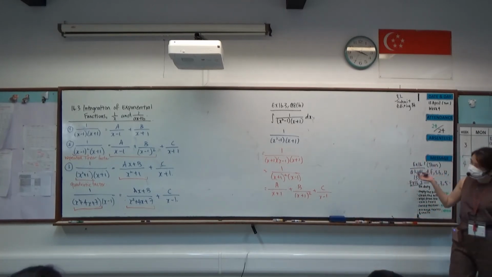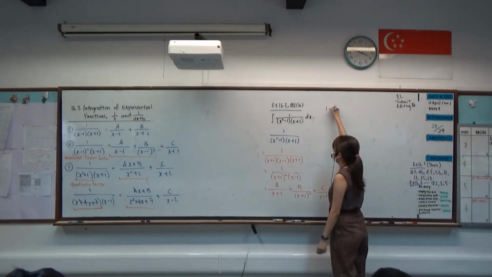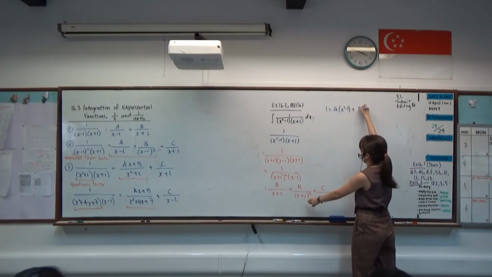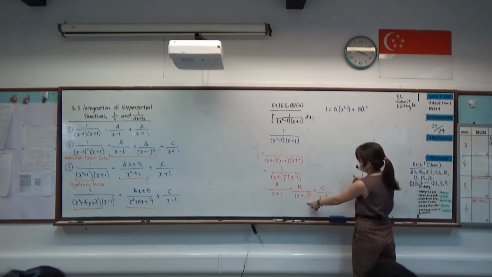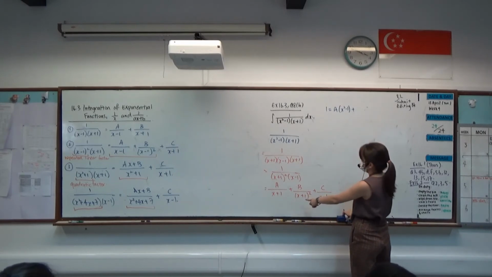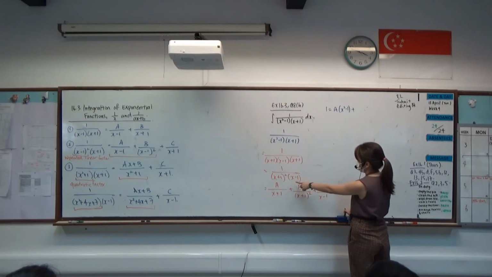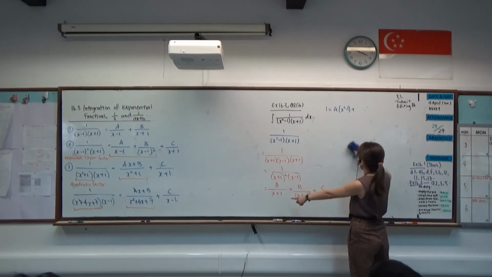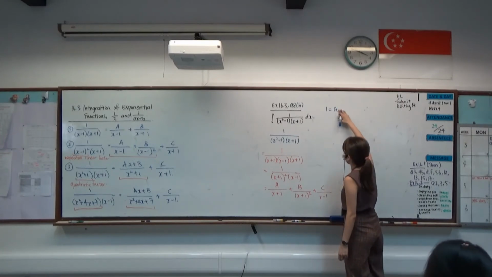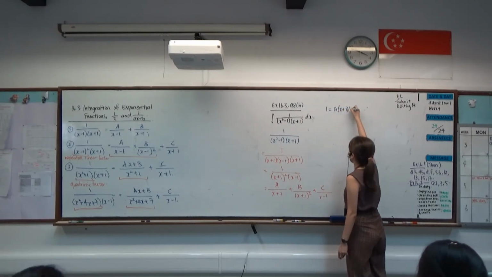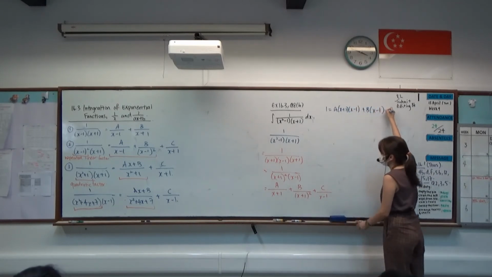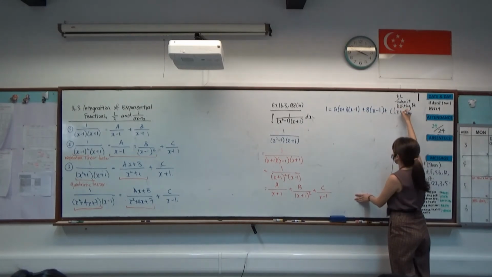So continue to find out what A, B, and C are. 1 is equal to A times x plus 1, x minus 1, plus B times x minus 1, plus C times x plus 1 squared.